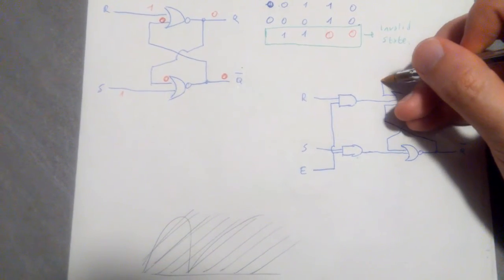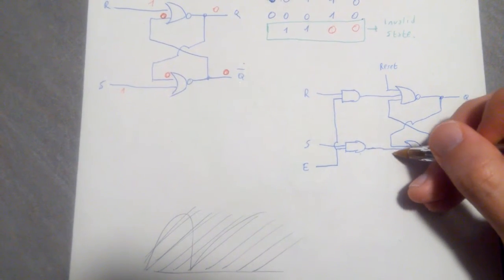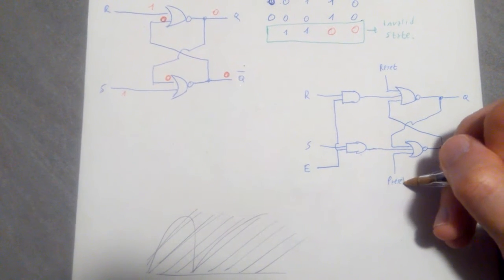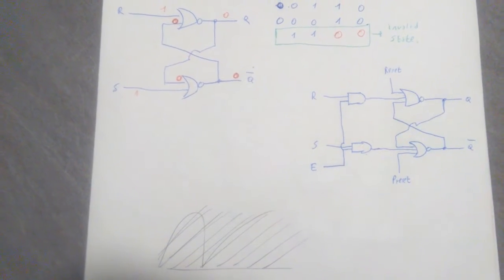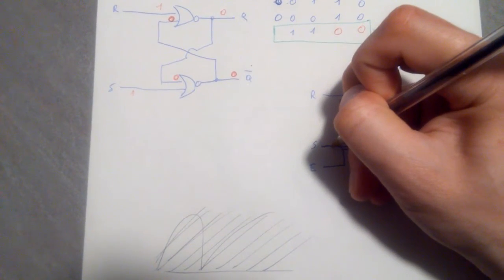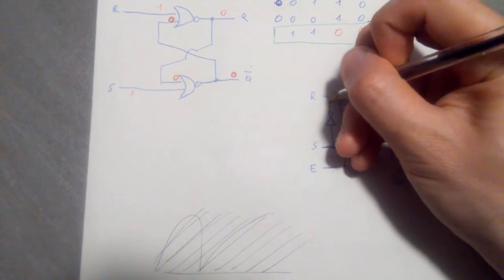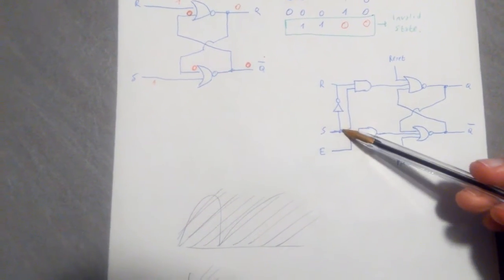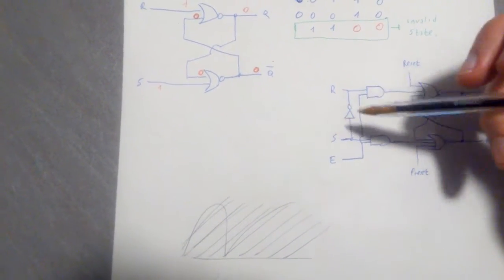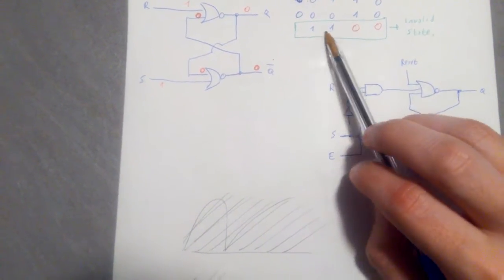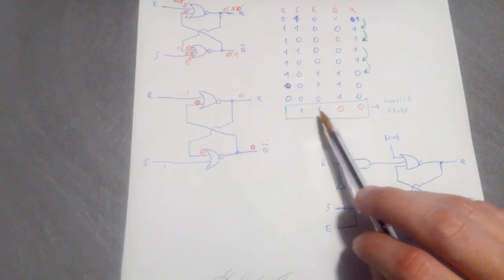And we also add a reset and a preset. Now, one more thing that we might want to do from here is to add a NOT gate, because by doing this, we're going to make sure that we're not going to have 1 1, so we're not going to end up in a state where S is 1 and R is 1, just like we had before.